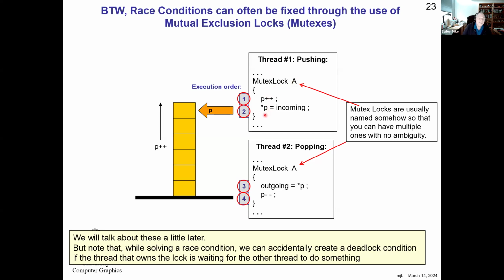It finishes this operation, and then right here it frees up the lock. Thread 2 comes along, and maybe thread 1 is still executing the push code, so it blocks right here, waiting for the lock to become available. Okay, once it is, now it can execute these 2 lines of code without any chance of interruption.